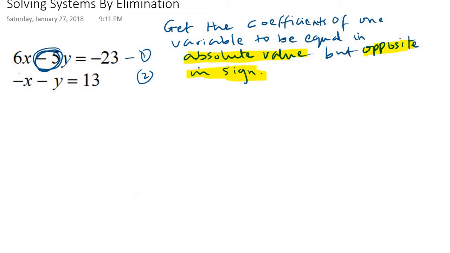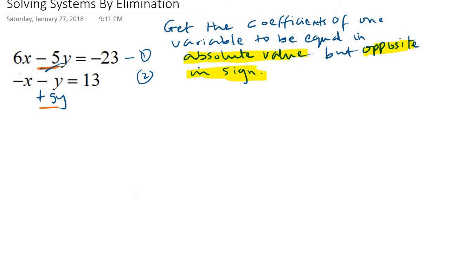Then I need to try to make the other coefficient plus 5y, so that the absolute value is the same, which should be 5, but the sign is different. The purpose is that when they are the same absolute value but opposite in sign, when you add them together, they will go to 0. Okay, so that's what we are trying to do.